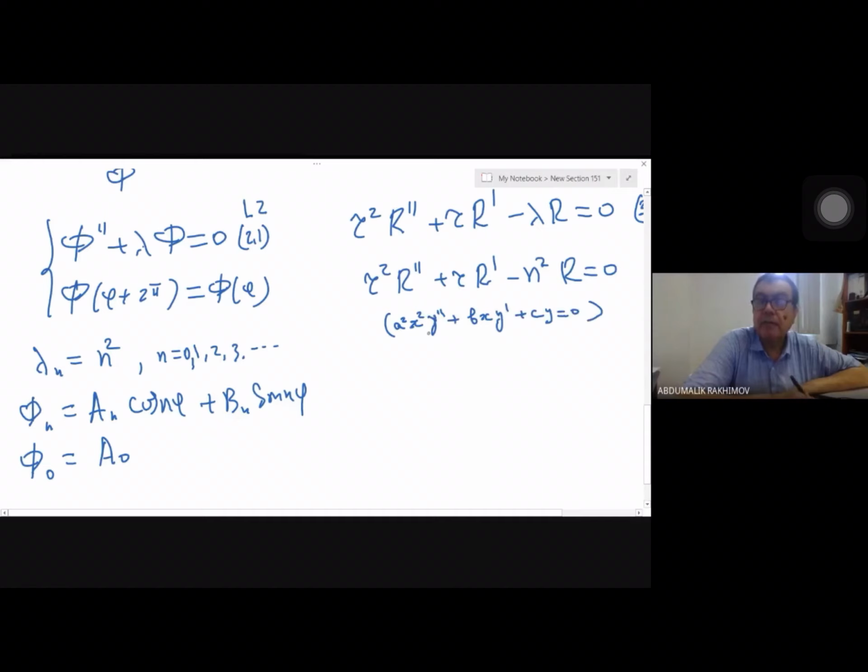Remember, it depends on a, b, c, right? So you have to write the characteristic equation.